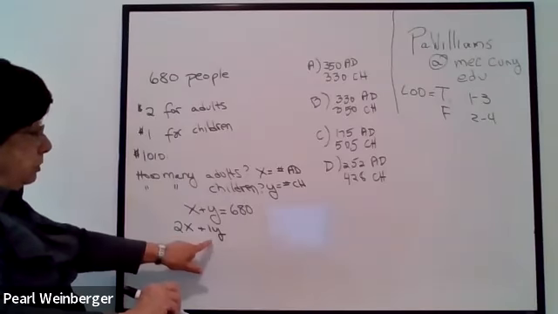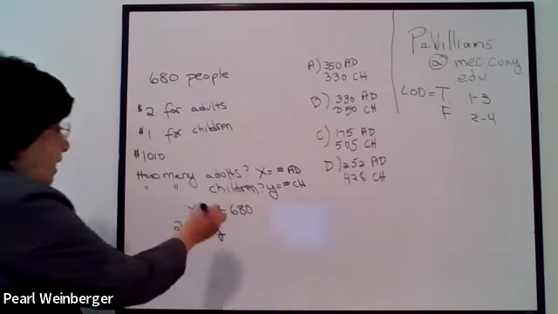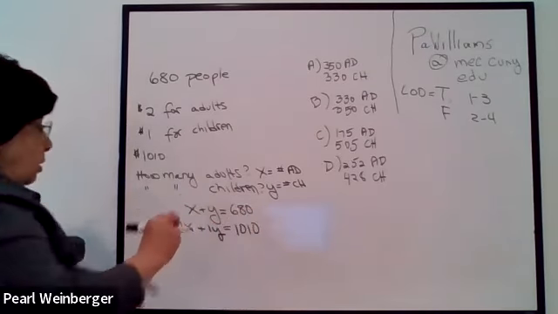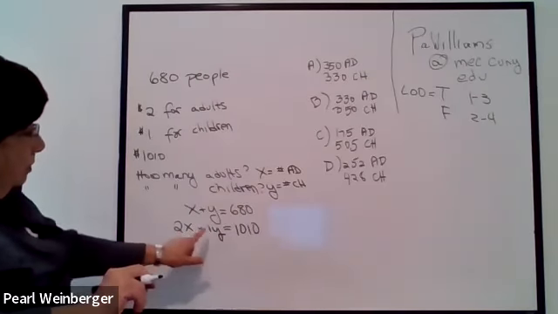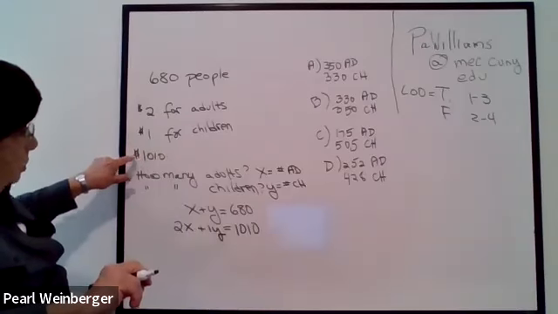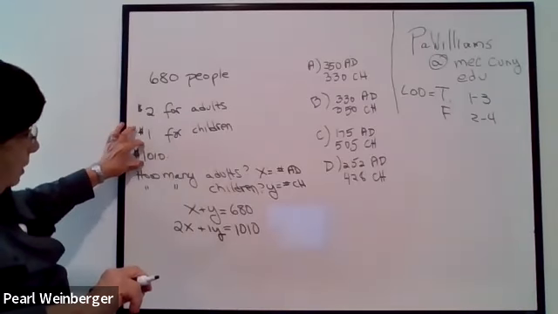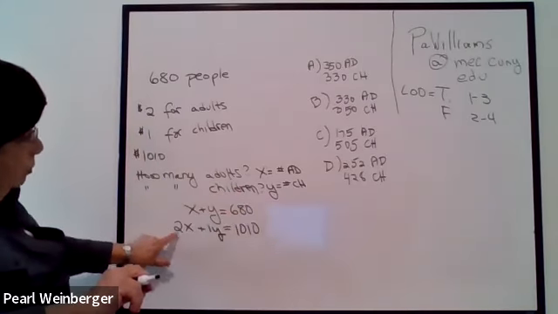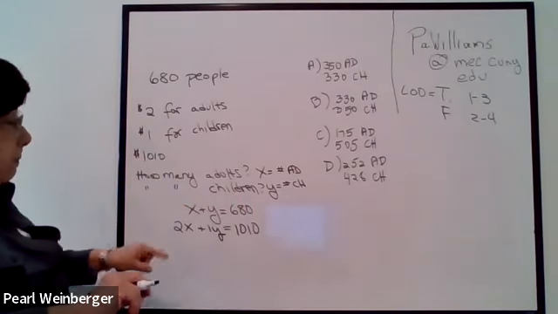So the 2x plus the 1y gives me the $1,010. Notice where I put the money: the money is here, the $1,010, so I put it in the equation that included the price.